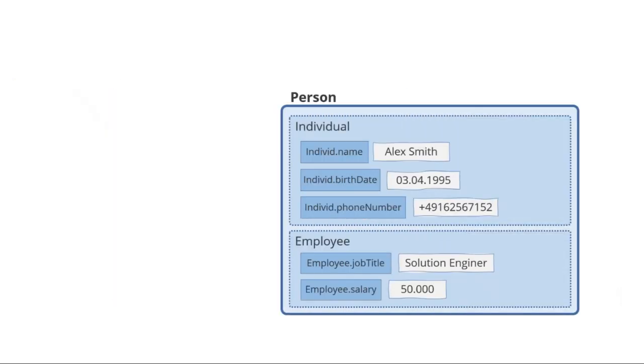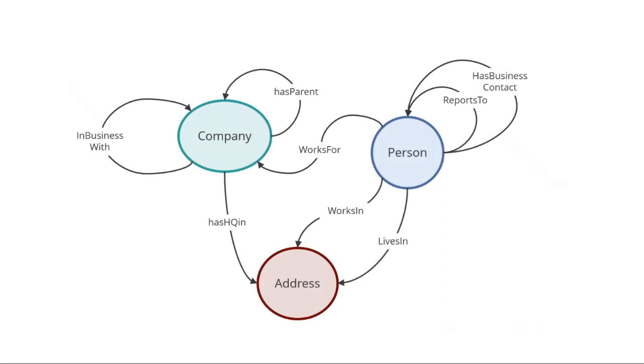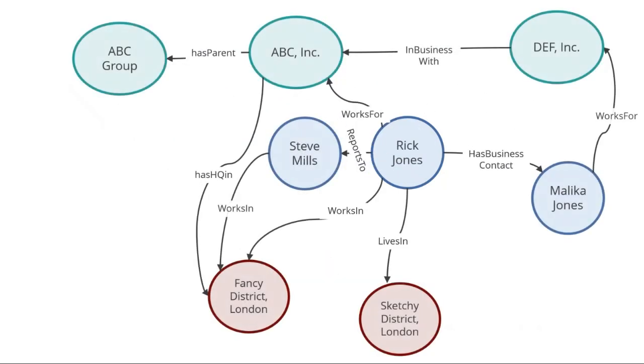Now, going back to the original place, how is this all connected together in real life? This model in real life would look something like this. Let's say that we have the middle person, Rick Jones here, who reports to Steve Mills.